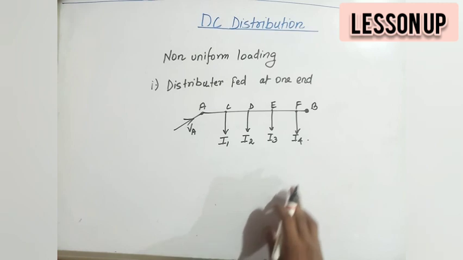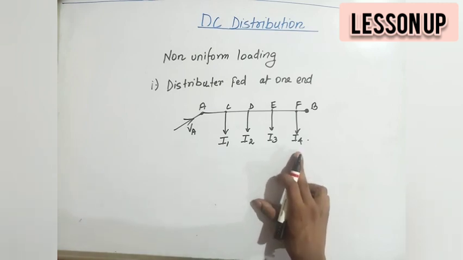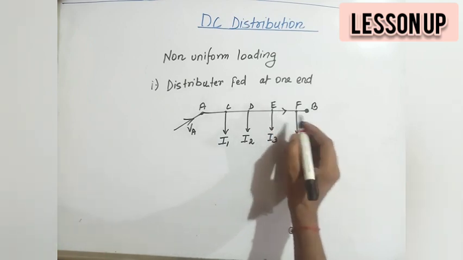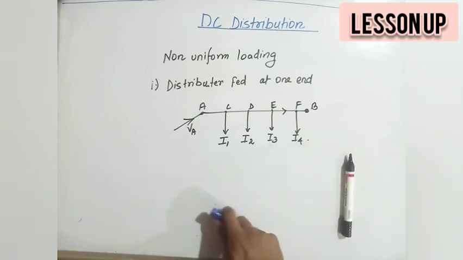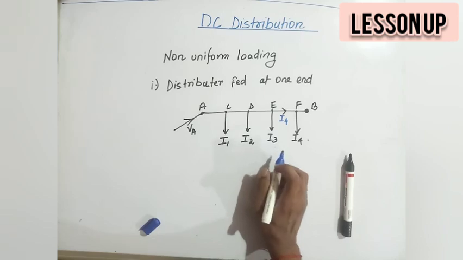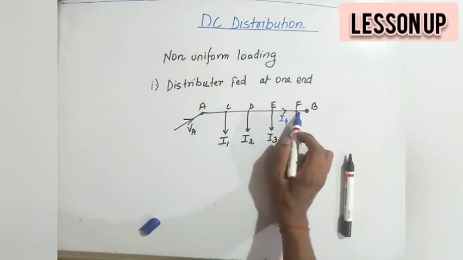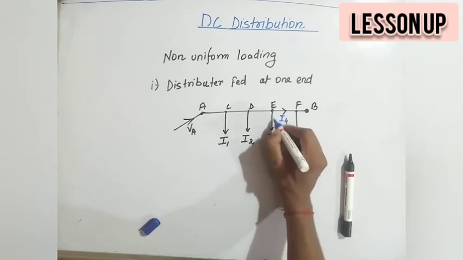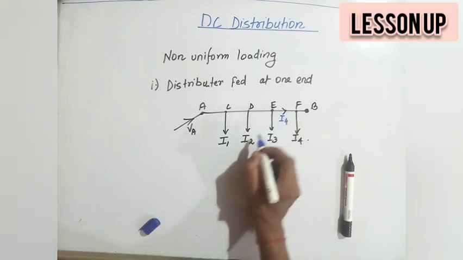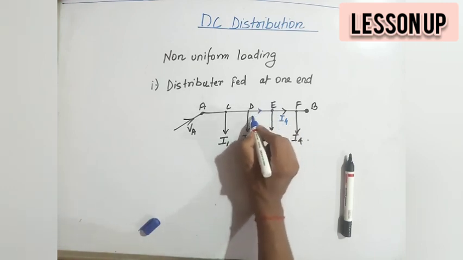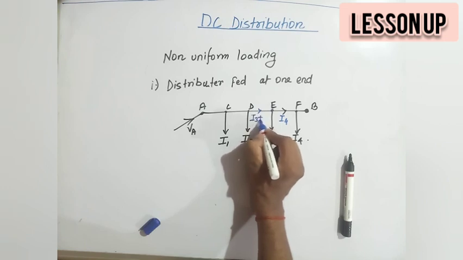Now the fourth distributor draws I4 current. It means at this point also I4 current travels from point E to F. At point E we see that I3 and I4 are taken out, so the current incoming at point E will be the sum of I3 and I4.